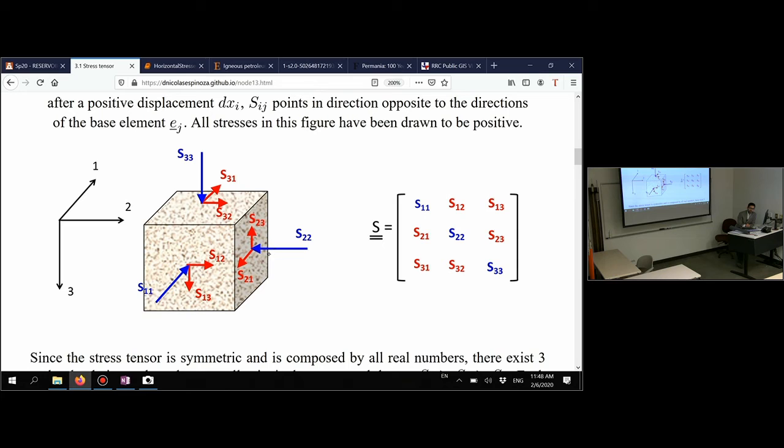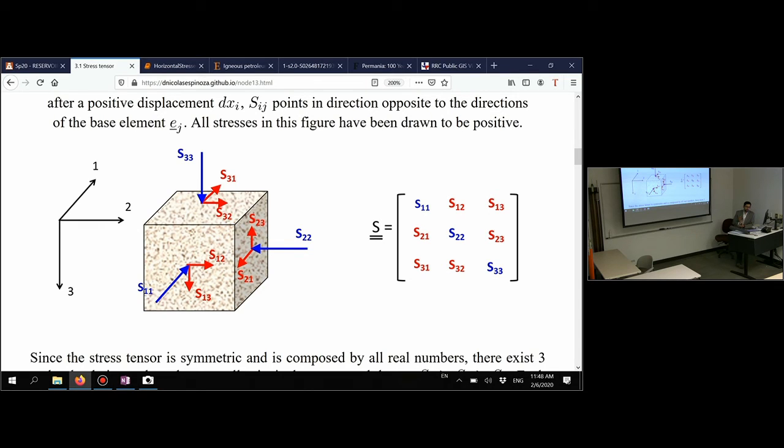They are drawn with this convention. For the normal stress, it's a little bit straightforward because you see they are pointing towards the object, that means compression. They are pointing away from the object, that means tension. And that's easy to see. With the shear stresses, it's a little bit more complicated. But if you follow that rule, you will see that it's not that complicated after all.